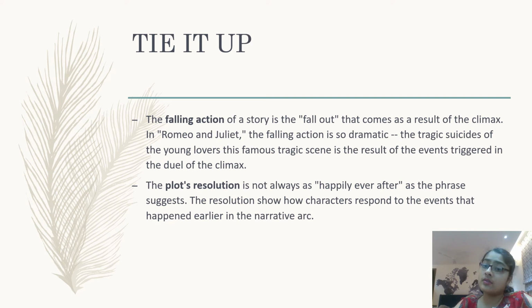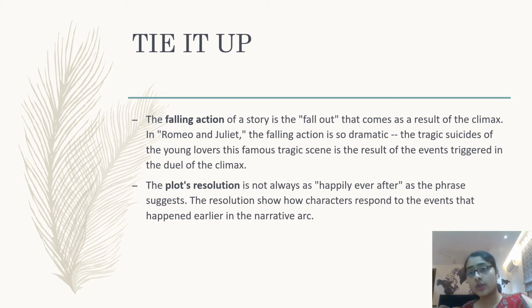And once you've described the falling action, the only thing left for you in the story is to end it up, to round it up, and to finish it. So finishing the story is called the plot's resolution. Now it's not necessary that the plot's resolution is always happily ever after. The resolution shows how the character responds to the events.